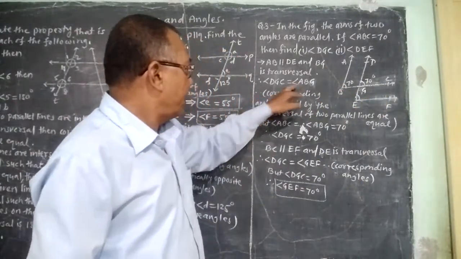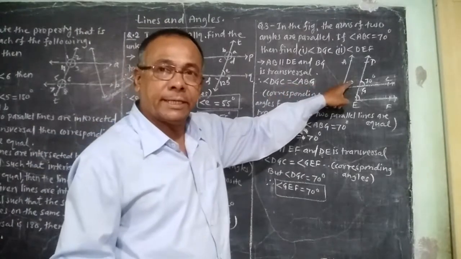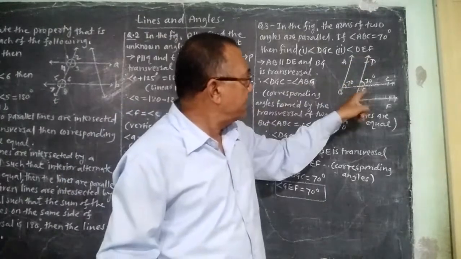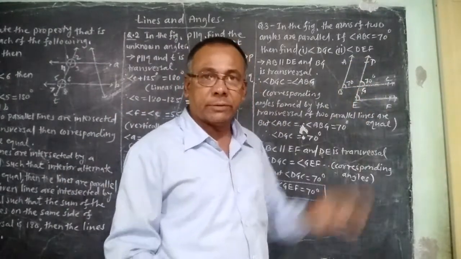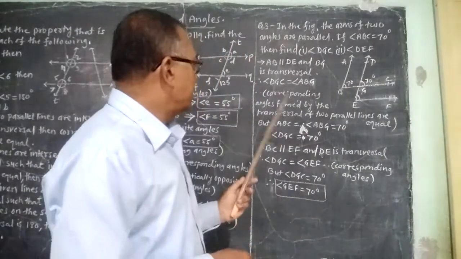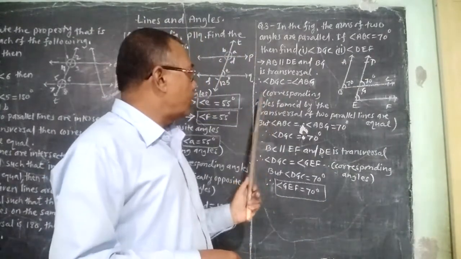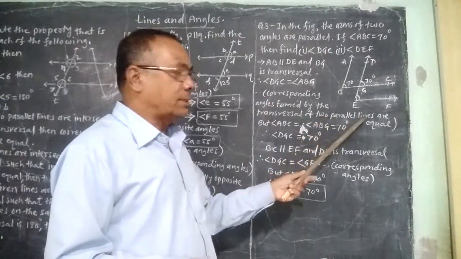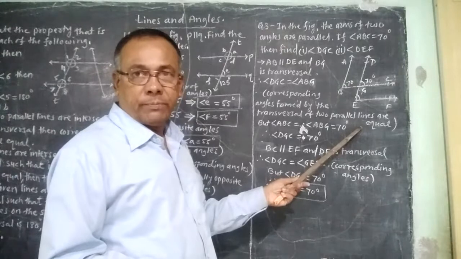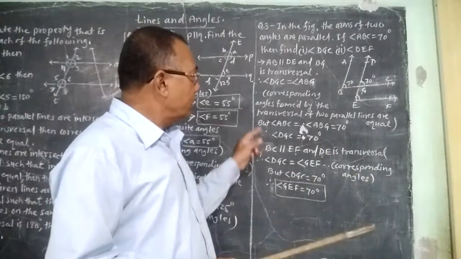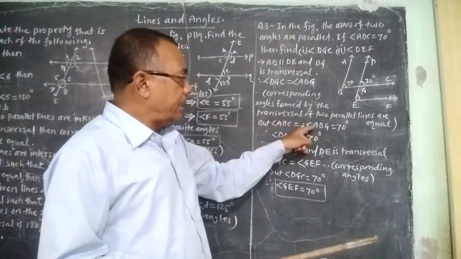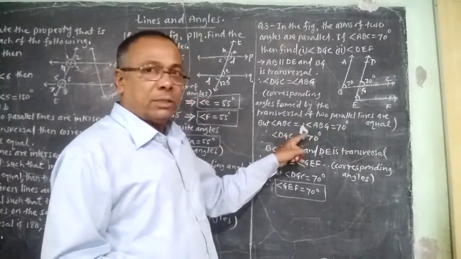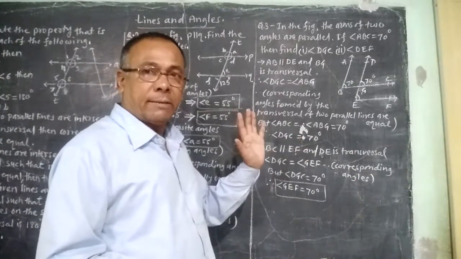Angle ABC is given as 70 degrees, so ABG is also 70 degrees, and therefore DGC is also 70 degrees. The reason is that corresponding angles formed by the transversal of two parallel lines are always equal.